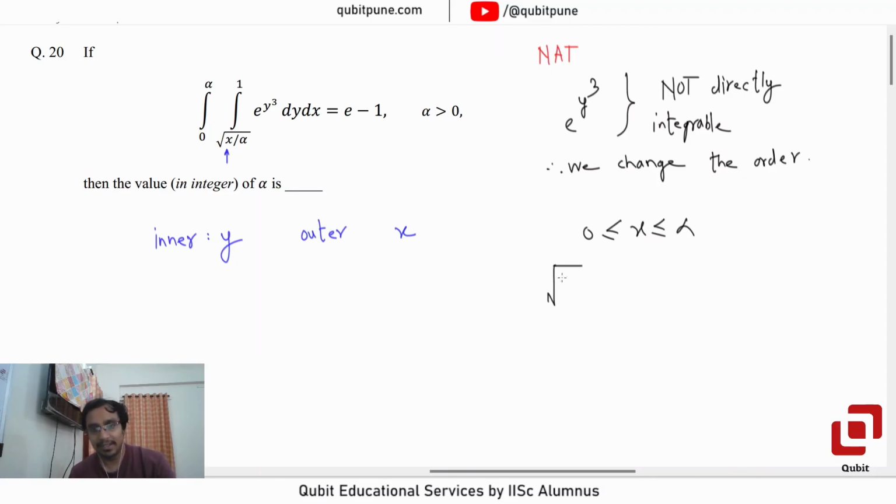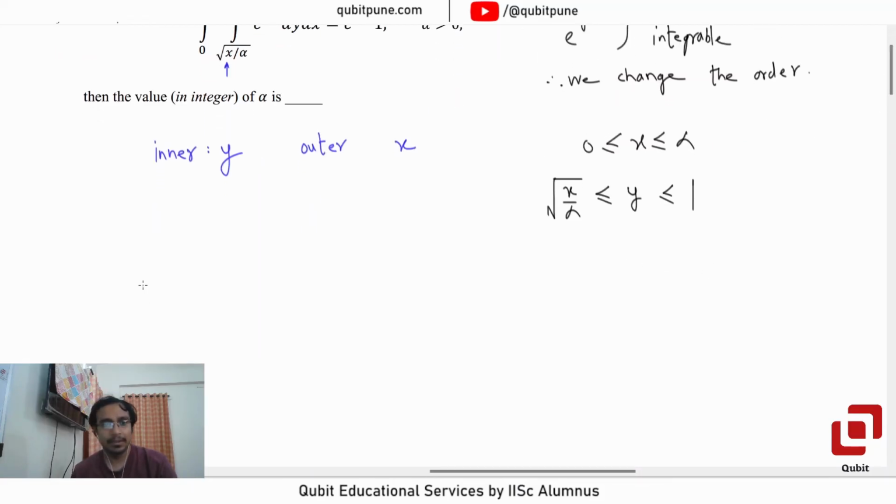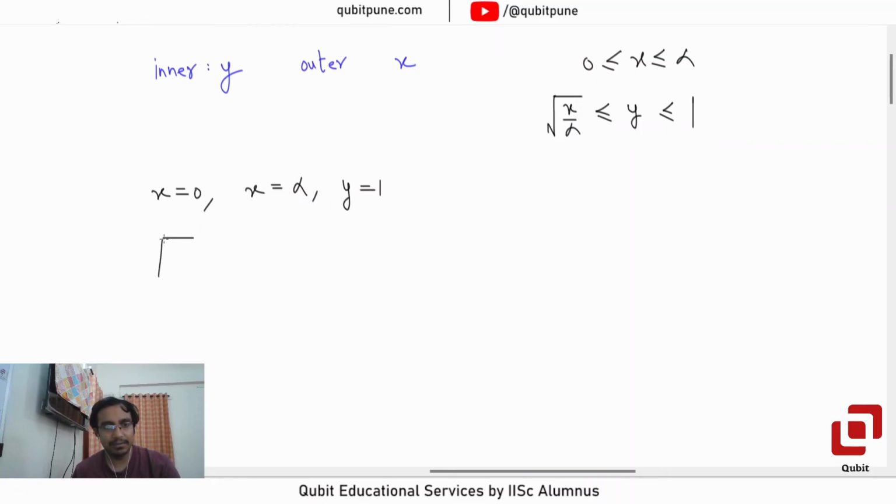Y lies in between root x upon alpha and 1. Let's try to identify the curves. X is equal to 0, x equal to alpha and y equal to 1. All three are lines. And now suppose we go for root of x by alpha equal to y. I can say y squared is equal to x by alpha.